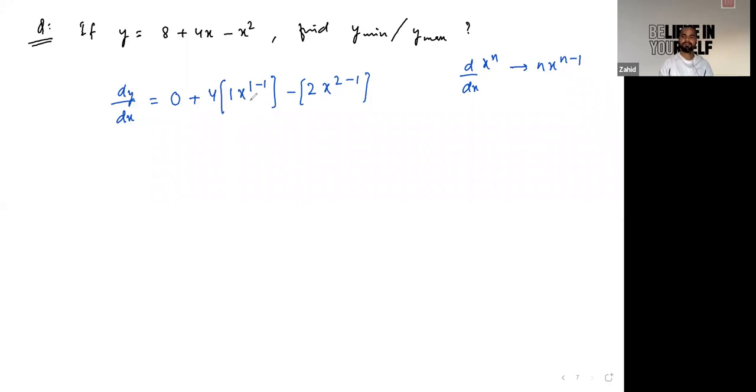You will get the value of x. Just equate it to 0 to get the value of x.